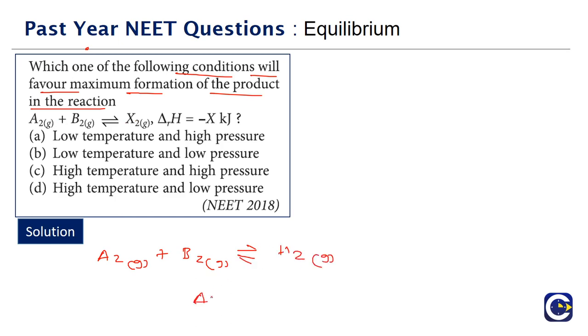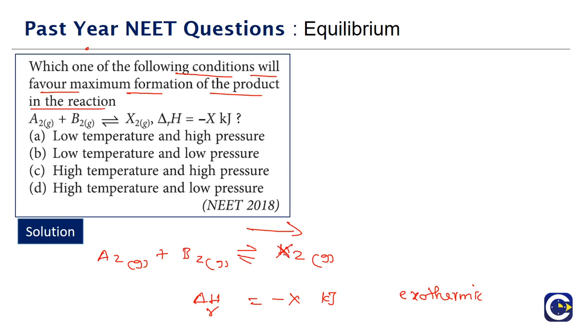And what is the thing they are saying? Delta H for the reaction is negative, meaning they are saying it is exothermic. So we need to talk about the favorable condition for getting maximum product, meaning the reaction must move in the direction of the product, which is our X2.